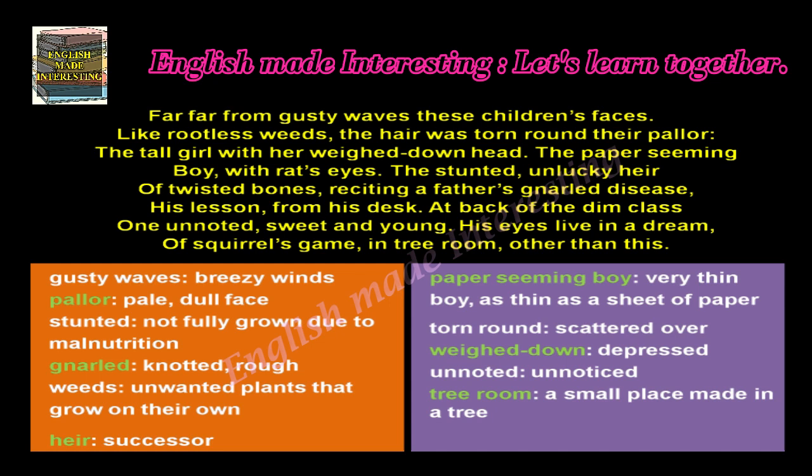Yet another boy in the classroom has inherited his father's arthritis. Because of the disease, he has stunted growth and his bones are twisted. He has inherited this disease from his father and recites his lesson from his desk in a mellow but weak voice.